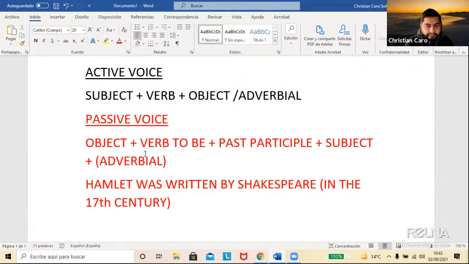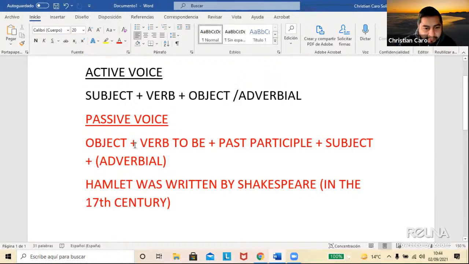We don't start with the doer of the action, because it's not the focus. It's not important when we use the passive voice, right? So we put the emphasis on what is done, not on who has done it.